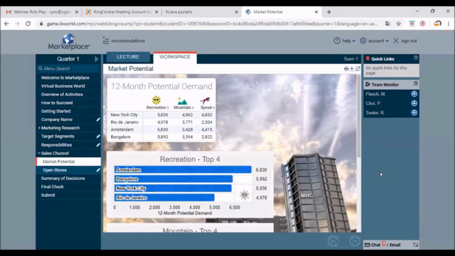With Amsterdam, I'm concerned a lot of people may try and put a store there first since it has the higher market potential, with 6,830 compared to the 5,892 bike demand. So I'm thinking maybe Bangalore may be the better option because there may not be as many people entering the market in that location. Yes, it could get saturated first.